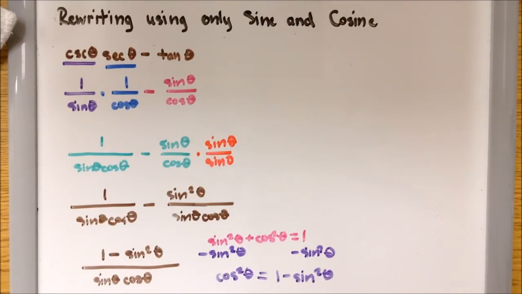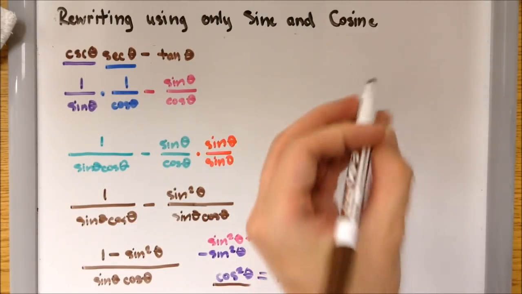So I'm using the Pythagorean identity, rewrote it as cosine squared theta equal to 1 minus sine squared theta, which is identical to this. So that means I can switch it out with cosine squared theta. So I'm going to write over here, instead of 1 minus sine squared theta, I'm going to put cosine squared theta as the numerator.